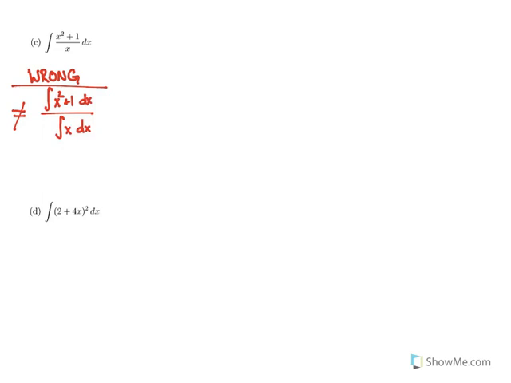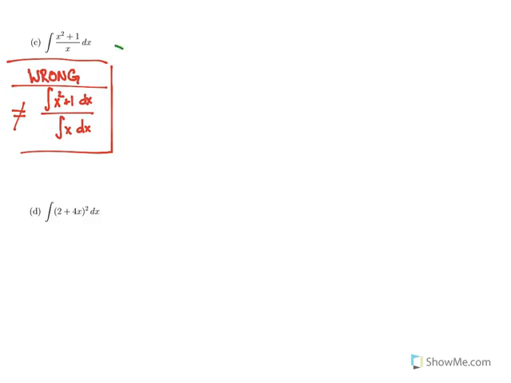You can't bring the integral over division. We can never do that, and that is a very bad mistake because you are really missing all of the details when we start getting into more complex antiderivatives in Calc 2. All right, so if that is something that you're thinking about doing, remember this, you cannot do something like that. You can't bring an integral over multiplication or division.